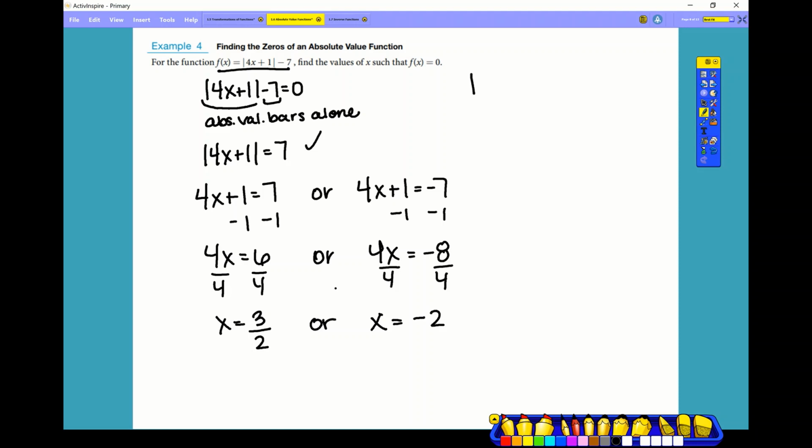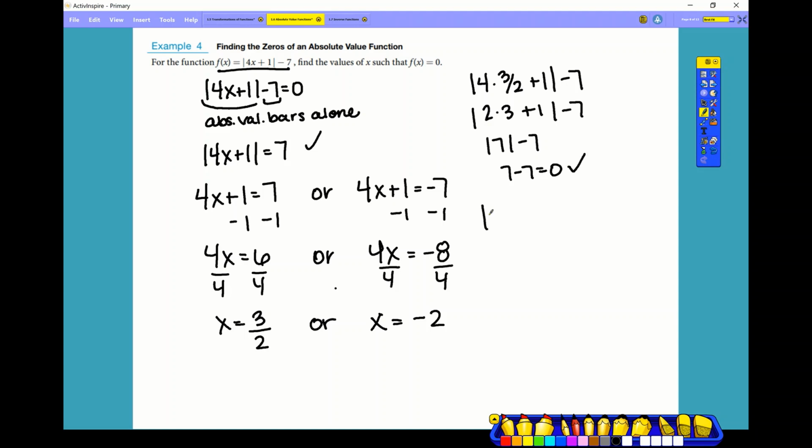And you can double check. 4 times 3 divided by 2 plus 1 minus 7 gives us 2 times 3 plus 1 minus 7, which is 7 minus 7 equals 0.